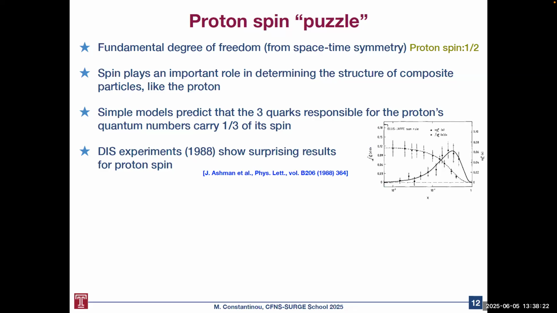Not only were they very noisy and kind of inconclusive, they were not capturing the 1/2 of the proton, and that was the proton crisis.